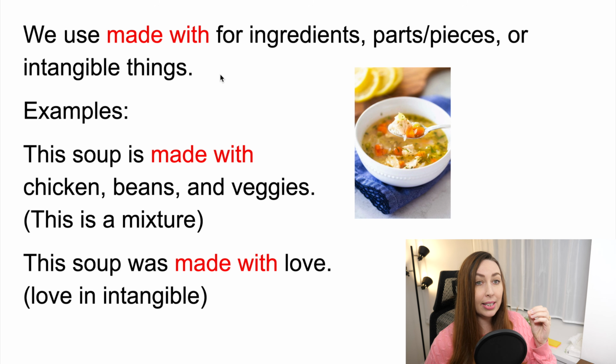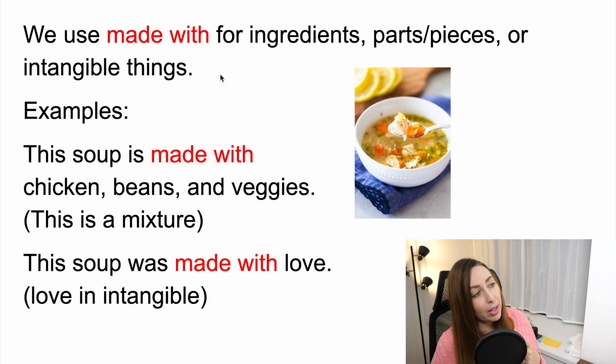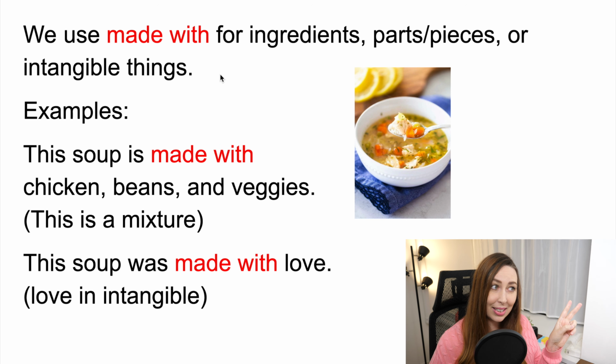Intangible things means things that we cannot physically touch. Okay, so things like knowledge, love, those things. We can't touch them, but they are still things, right? Okay, so use made with for ingredients, parts and pieces, or intangible things.